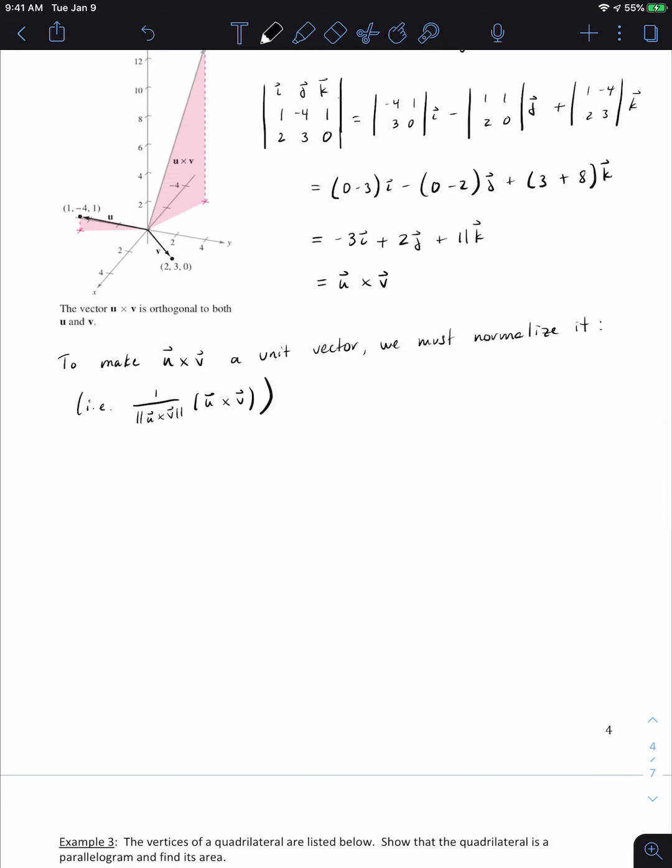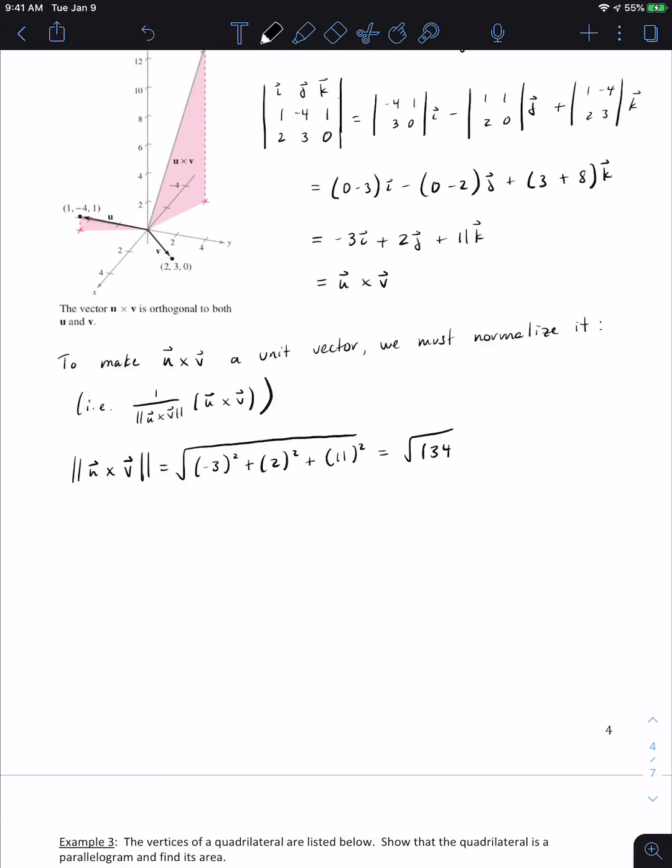All right, so first obviously we need to find the magnitude of u cross v. Remember, in order to find the magnitude of a vector, we just square all of its components, add them up, and take the square root. So I get -3 squared plus 2 squared plus 11 squared, all underneath the square root. And if I plug that in my calculator, I would get the square root of 134.